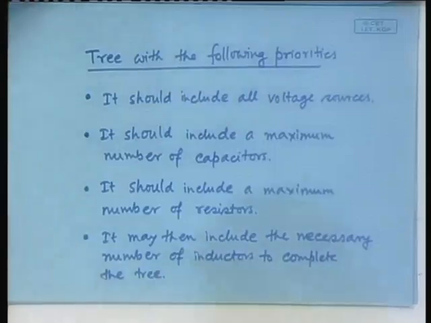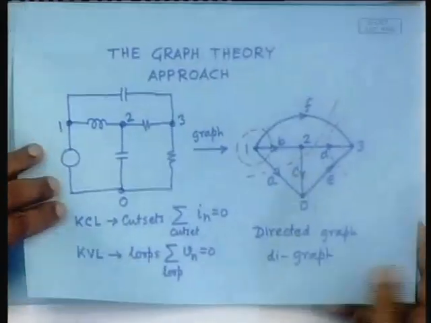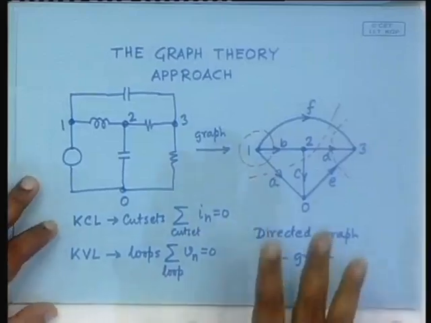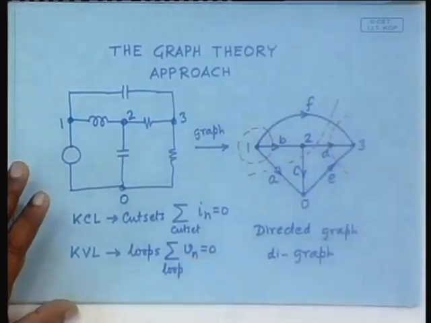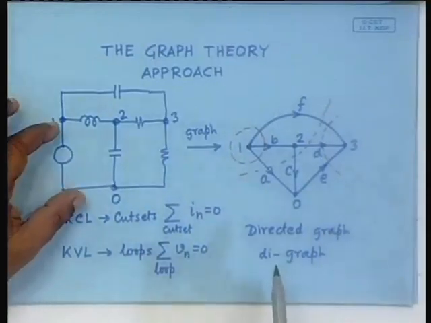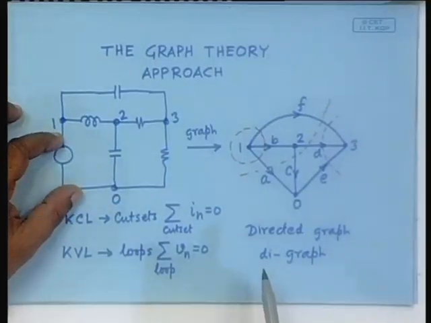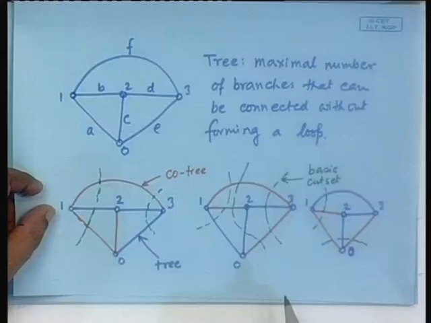Let us see. What was our original circuit? It was like this. We said that there are various ways of drawing the trees. The one that we want should be first including all the sources. So, they should include this. So, out of the possible trees, you can see only this one includes that, right. Can you see?